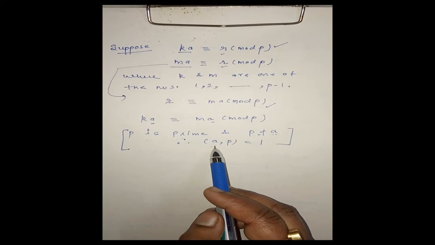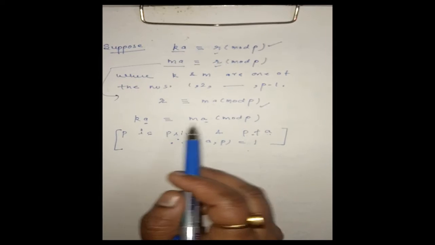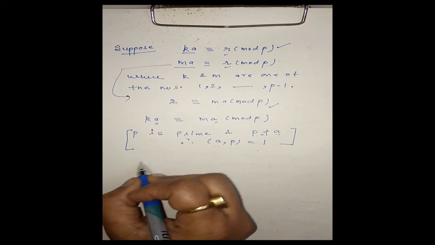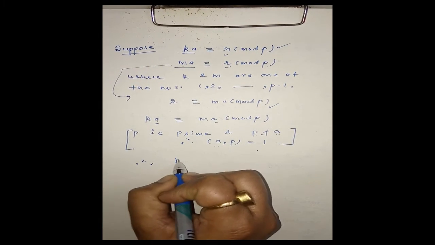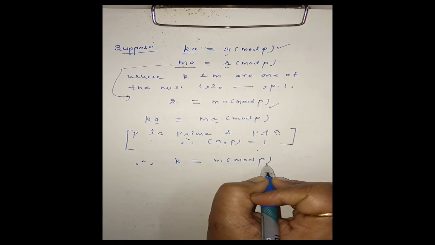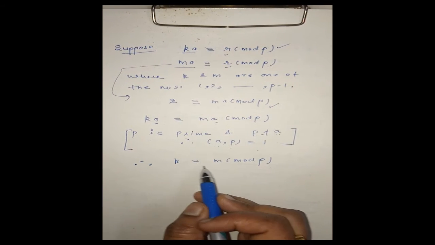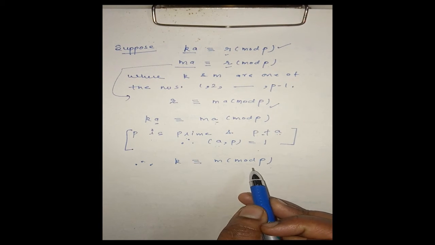Therefore, the GCD of a and p will be 1. Clear? Therefore, we can cancel out a from both sides. Therefore, we have k is congruent to m modulo p. Clear?